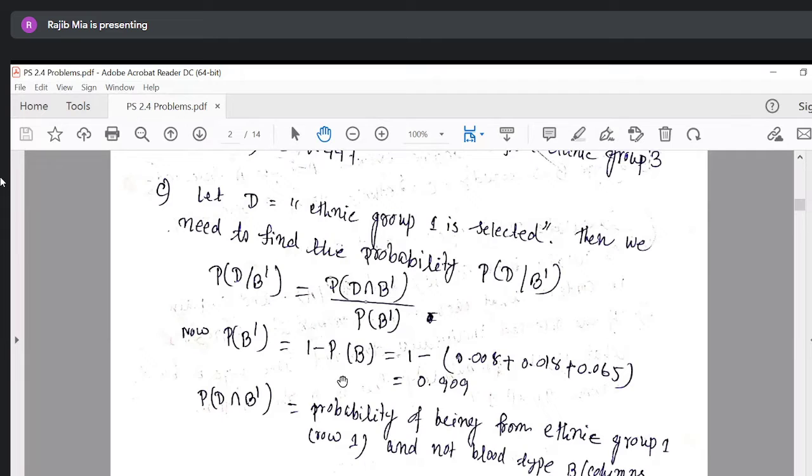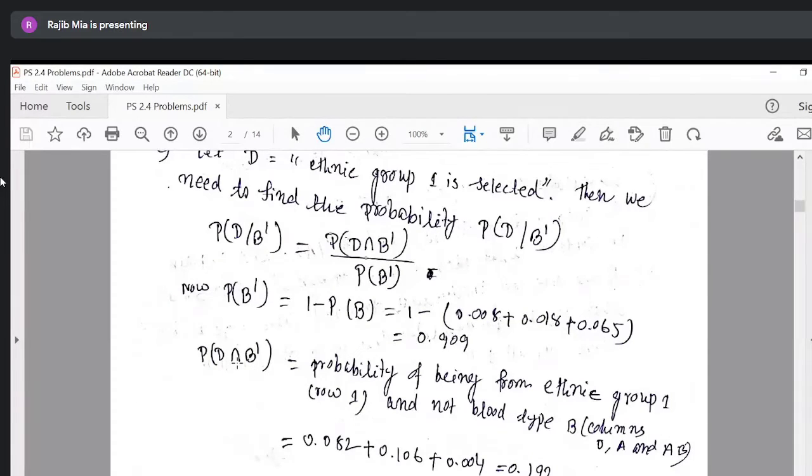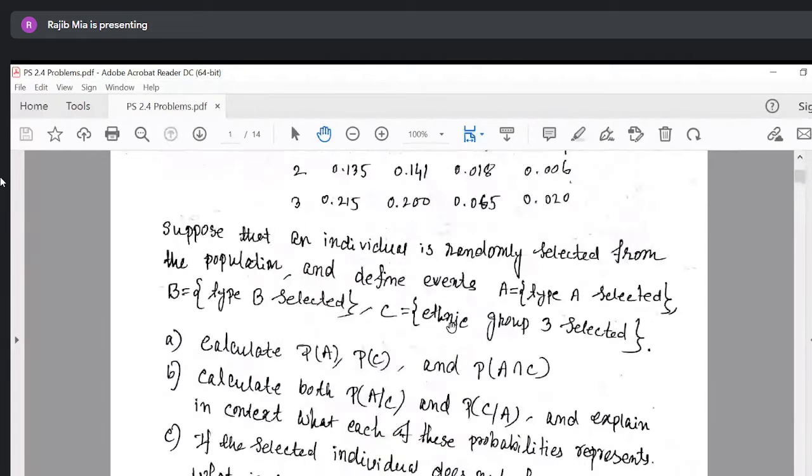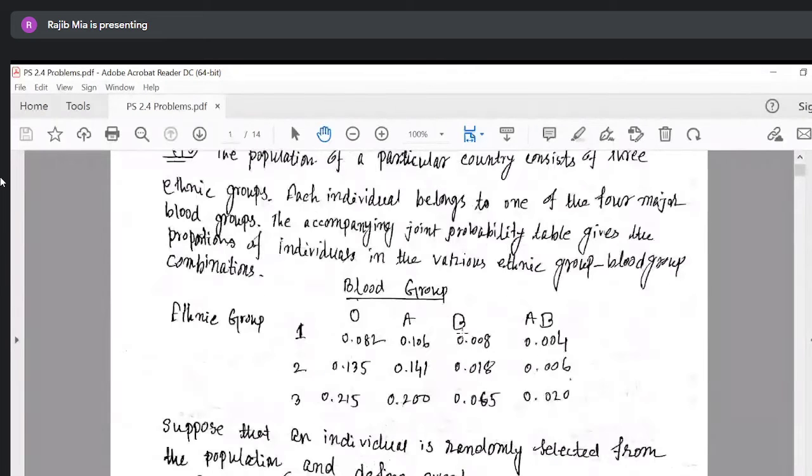And probability of D intersection B complement means D and B complement. D means that he or she is from ethnic group 1 and B does not happen. So he or she is from group 1 and B does not happen, which means except B, we add these three probabilities: 0.082 plus 0.106 plus 0.004. That is for O, A, and AB.